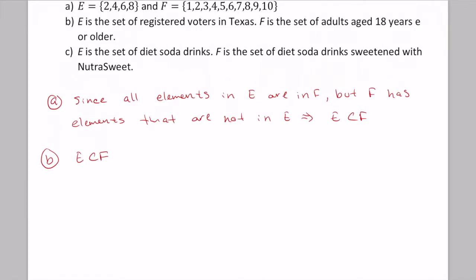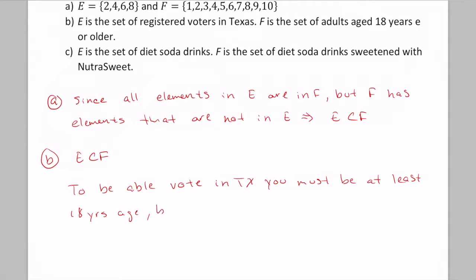Well, to be able to vote in Texas, you must be at least 18 years of age. But not every 18-year-old is registered to vote.